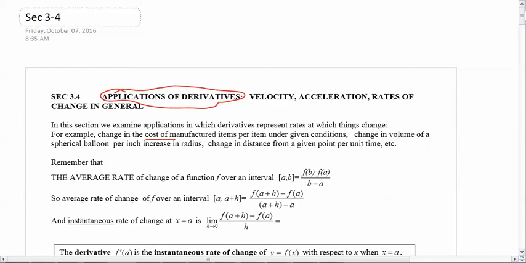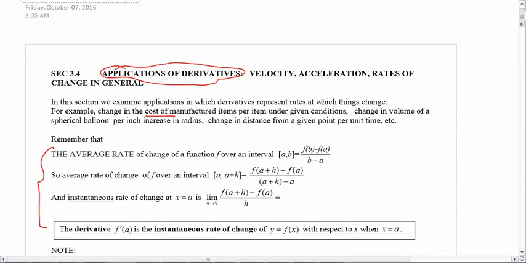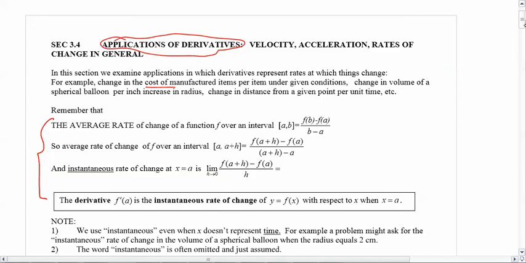Now, the next 4 lines are really just reviewing what we've already done. We have met the concept of an average rate of change of a function over an interval, being the change in y over the change in x. So the average rate of change of f over the interval going from a to a plus h is the change in y over the change in x.